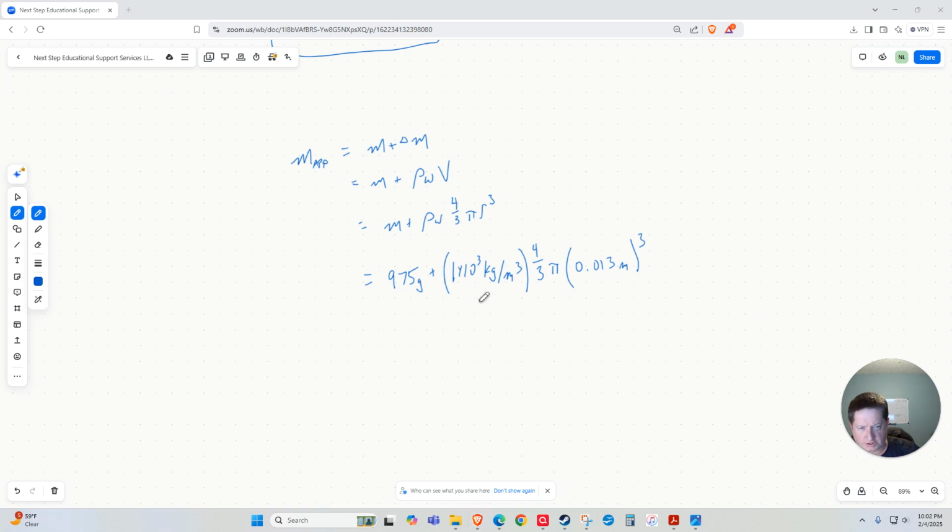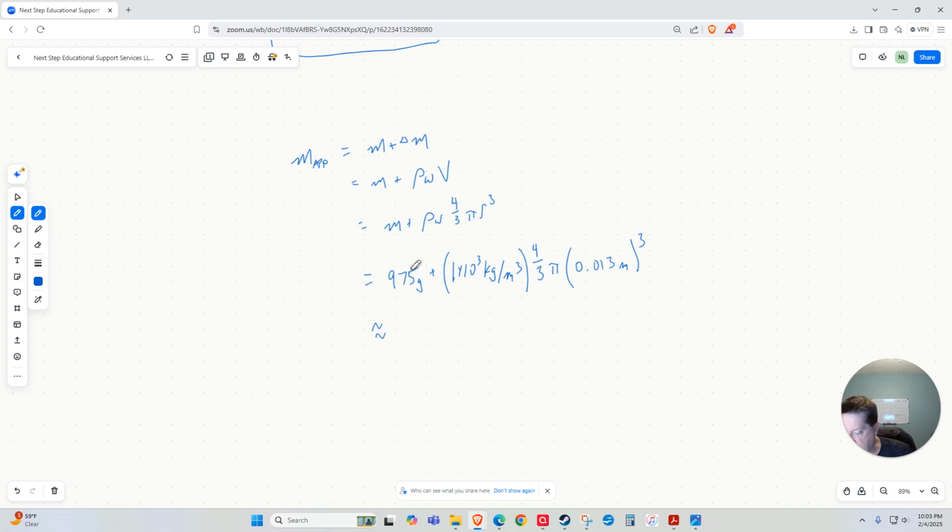Now I went ahead and did this calculation. I did overlook one unit conversion issue here. This is 975 grams, not kilograms. This is going to spit out kilograms. My calculator gave me 0.009228-ish kilograms. I don't add that to the grams, so let's go ahead and multiply by another 1,000 here to make that grams, which makes that 9.203 grams added to this 975.